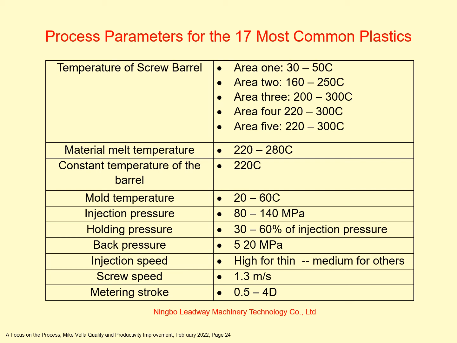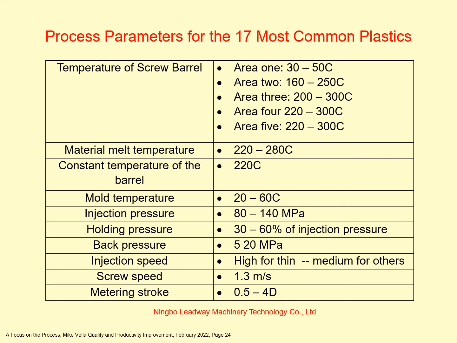I went on the internet and found this particular source for different parameters of process controls for the 17 most common plastics. You can see there's temperature of the screw barrel, and in this case it has 5 different areas.